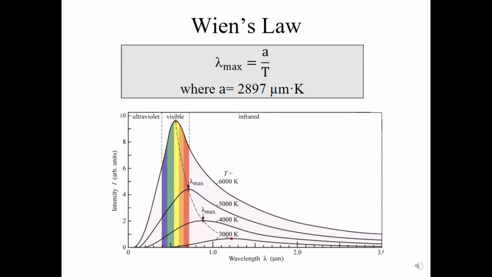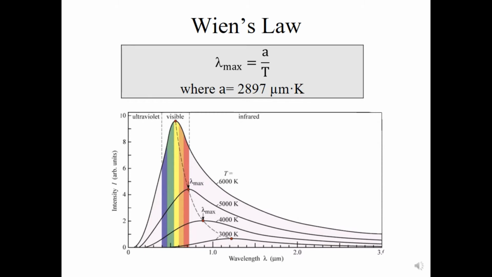But you might also notice that the peak in the Planck radiation distribution changes with temperature. As the temperature gets hotter, the wavelength of that maximum emission gets shorter.